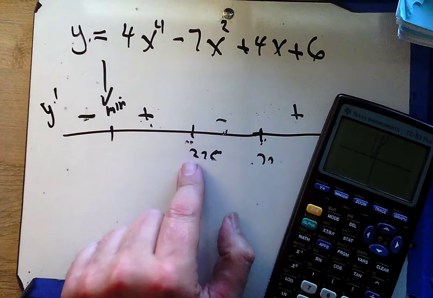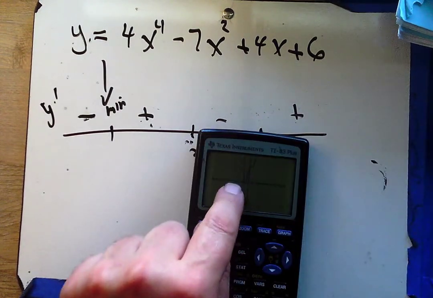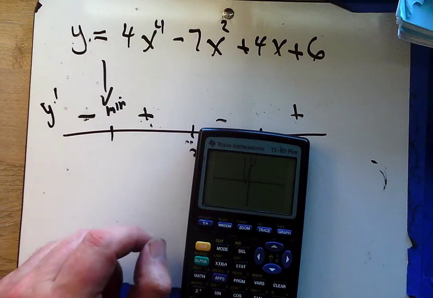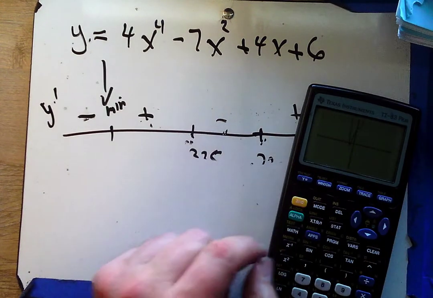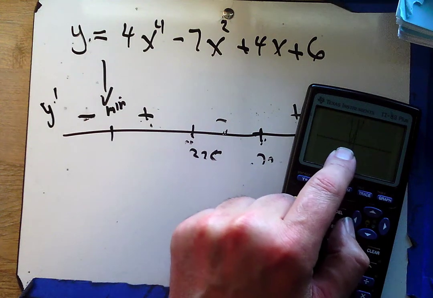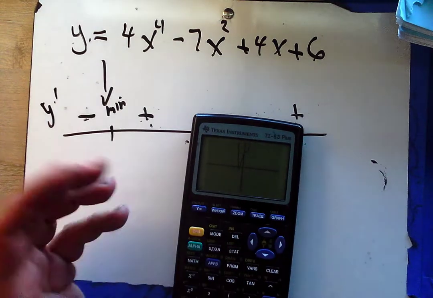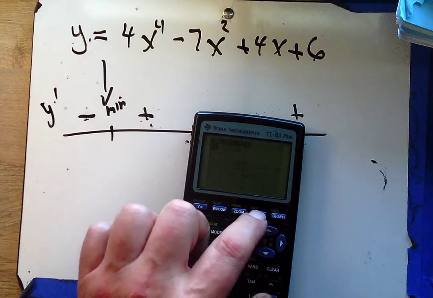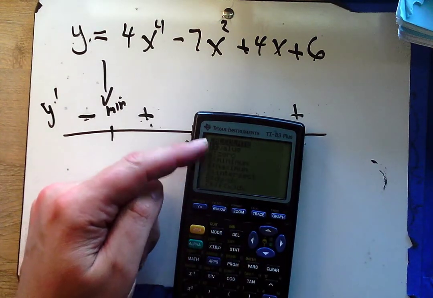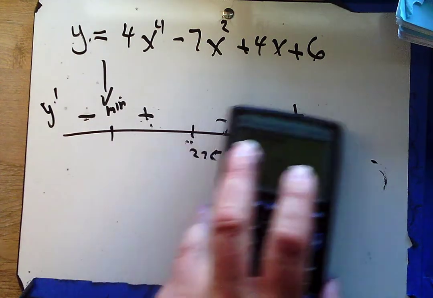But then I'm supposed to have a maximum. There's a maximum. There's a little jiggle in there. Look at that. Okay. So I could do second, calculate minimum to find that minimum instead of using the first derivative. But when it comes to finding inflection points, I don't have anything over here called, hey, calculate inflection point.